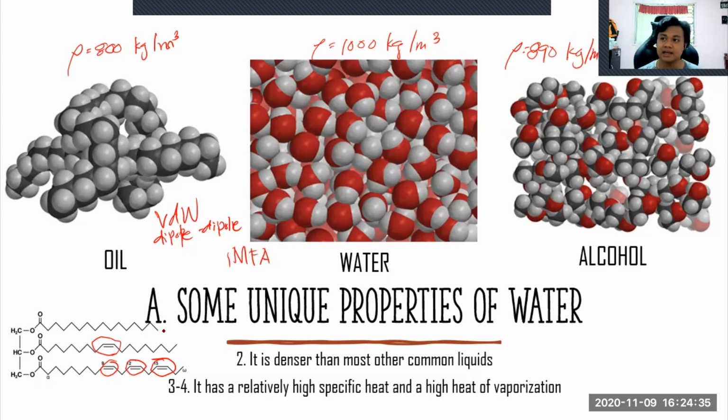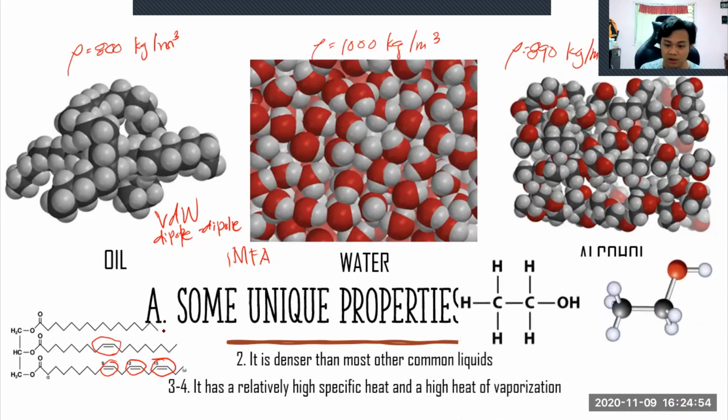It has many implications on why that happens, but one explanation is that you have a weaker IMFA. And if you compare it to alcohol, which is slightly higher than oil, it's because you can easily stack these together.